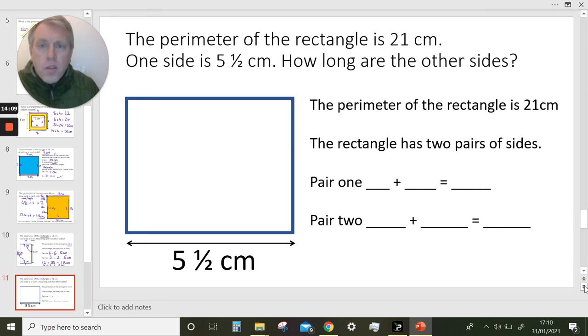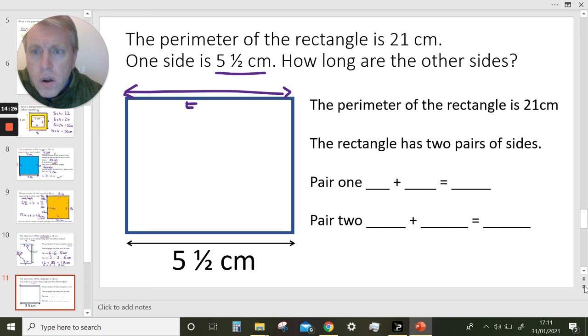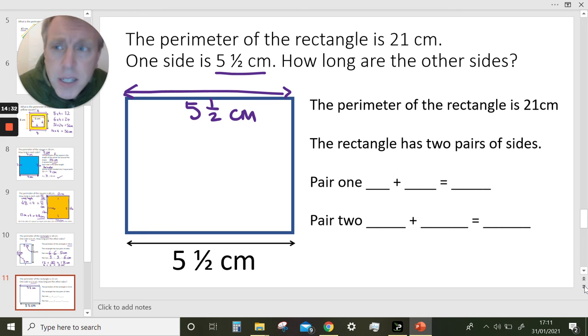Okay. The perimeter of the rectangle is 21 centimetres. One side is 5.5 centimetres. How long are the other sides? Well, we've got to show what we know so far. The opposite sides are 5.5 centimetres, aren't they?